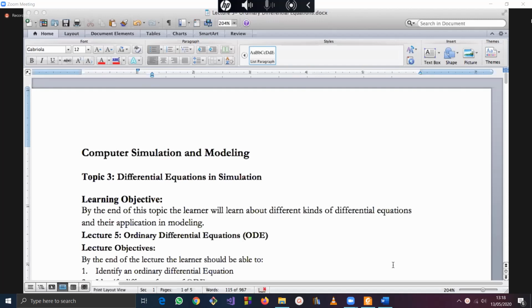That means we need to solve an equation. So we know there's a change, there's an equation, and so we need to solve this equation so that we can quantify that change. That is the understanding.